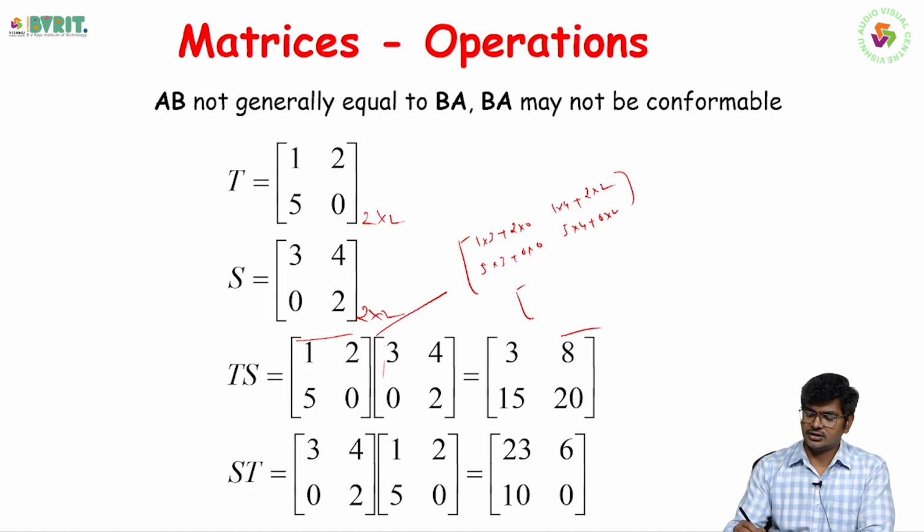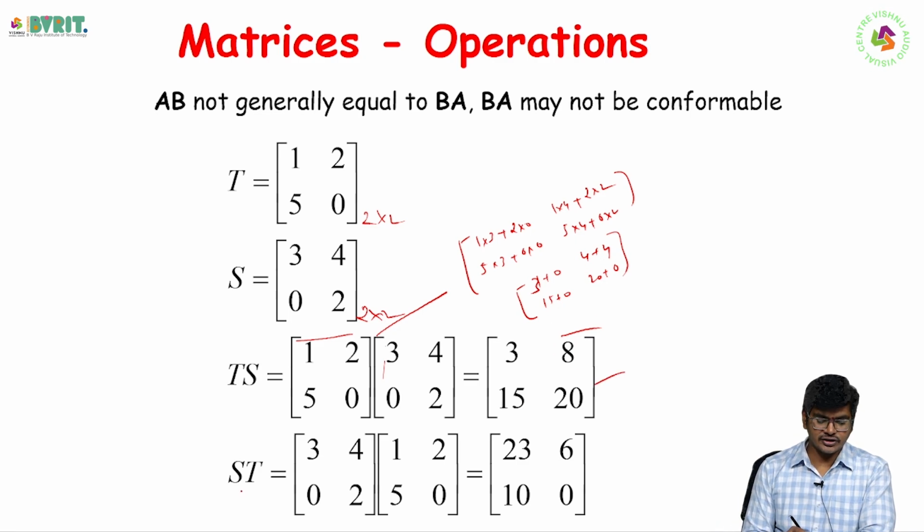The result matrix is 1 plus 0, 4 plus 4, 15 plus 0, 20 plus 0. We get 3, 8, 15, 20.